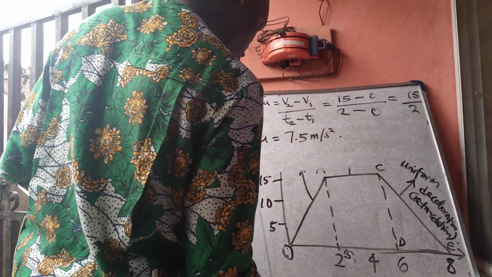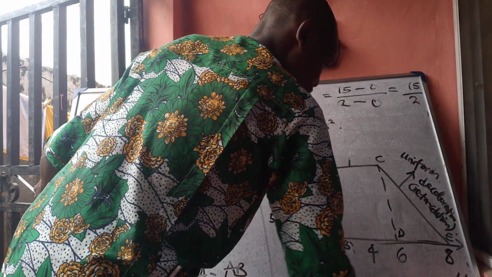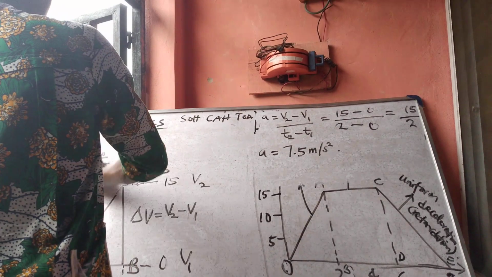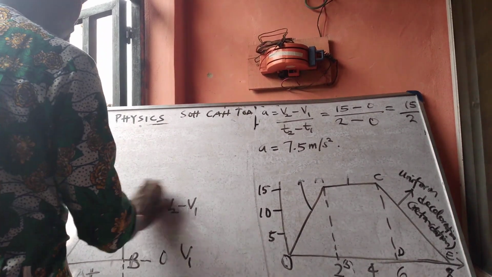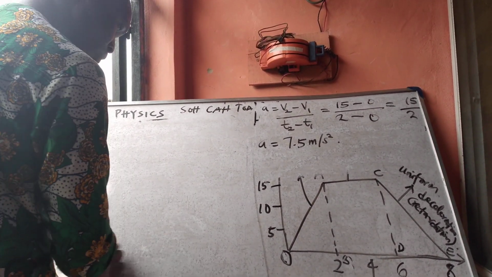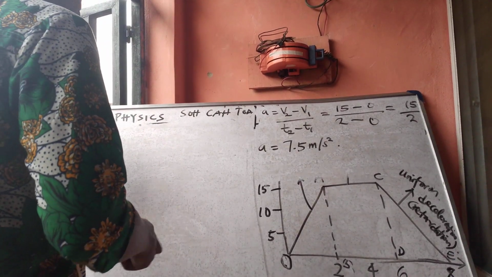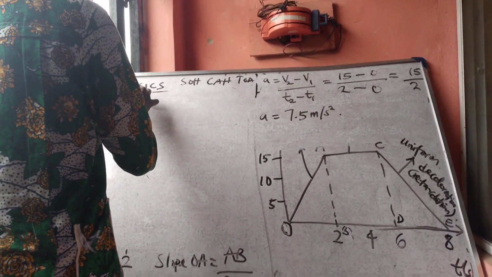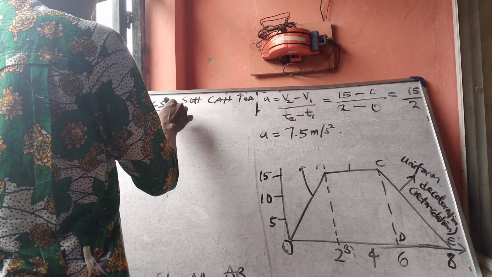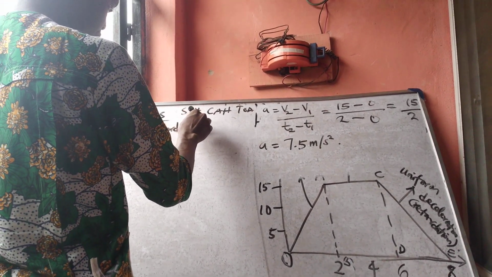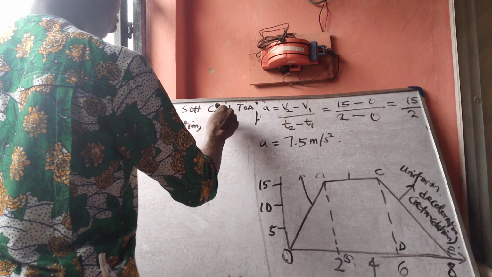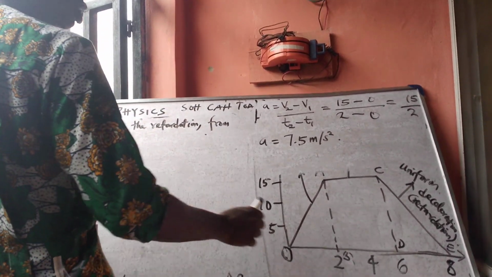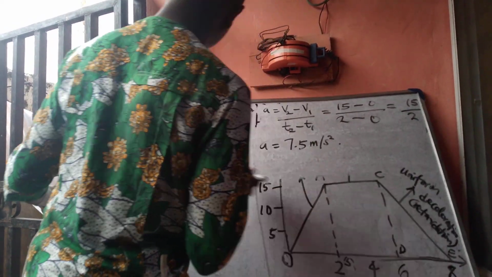To obtain the retardation, or the uniform deceleration, we use triangle CDE.